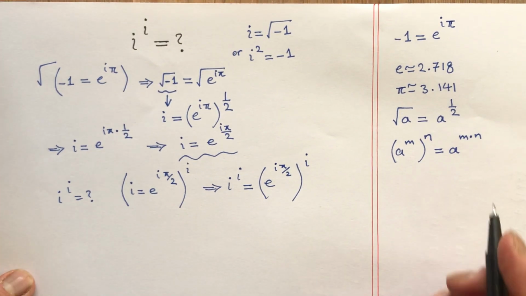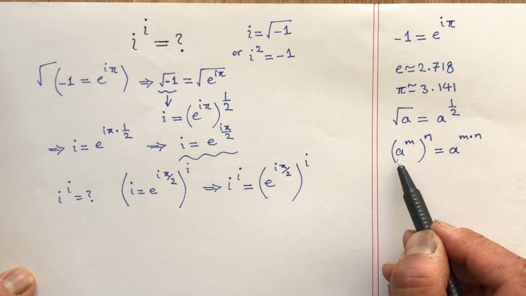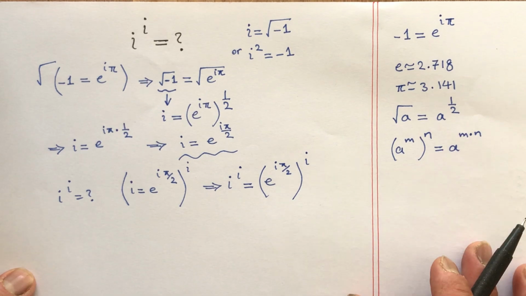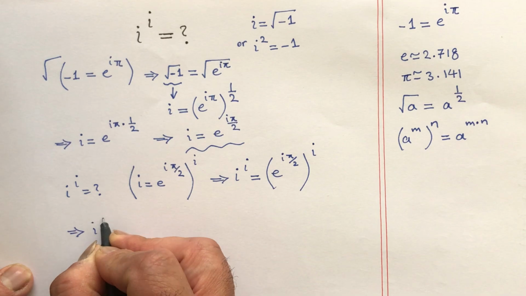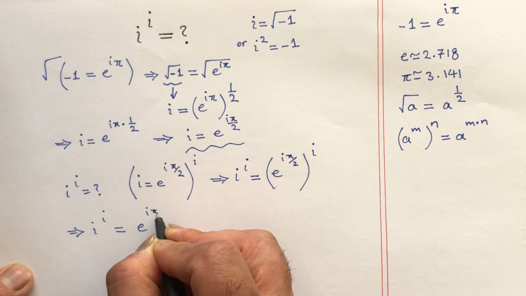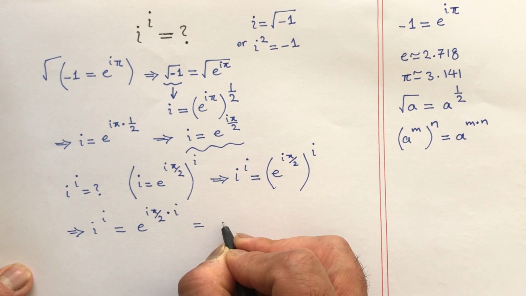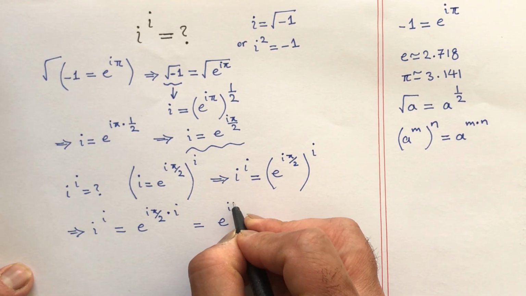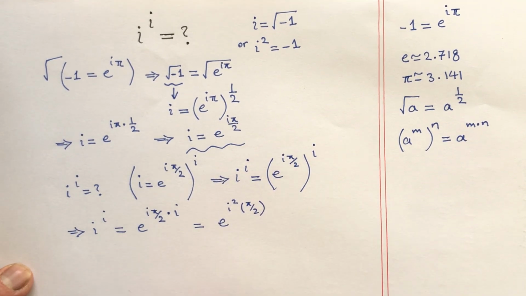And you know that if we raise a to the power of m to another power, we have to multiply the powers. So i to the power of i equals e to the power of i pi over 2 times i, and this equals e to the power of i times i, which is i squared, times pi over 2.